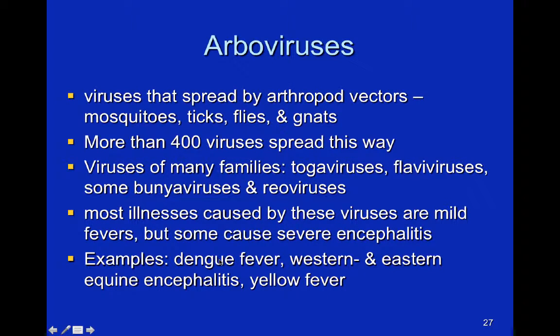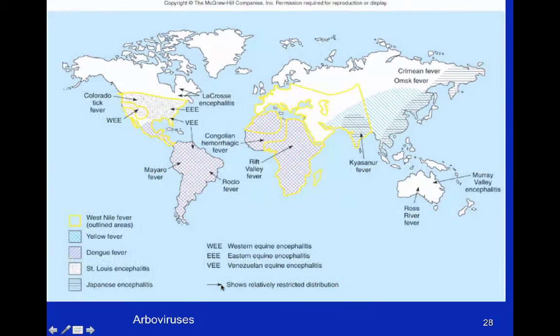So dengue fever, Western and Eastern equine encephalitis, and also yellow fever are some of those that could cause more severe disease. We see the West Nile virus around here, but for these other ones, yellow fever and dengue fever, there is talk of them making their way to the continental US because of the increase in the population of the insect that's spreading the disease.